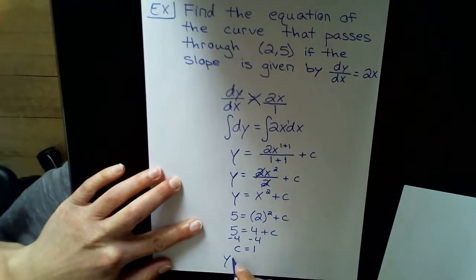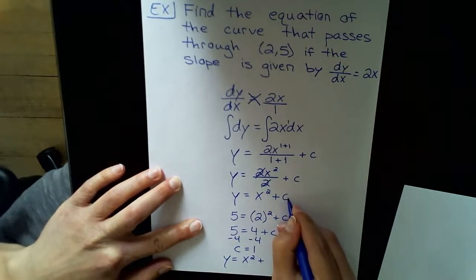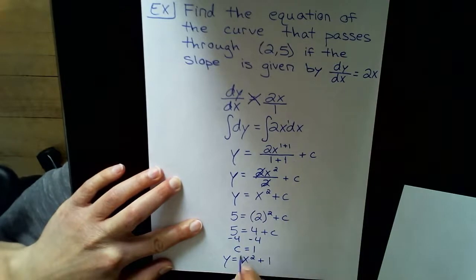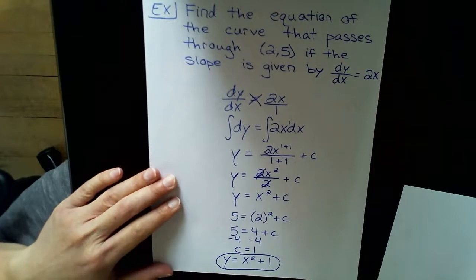So y equals x squared plus 1 is the original curve that the problem started with.